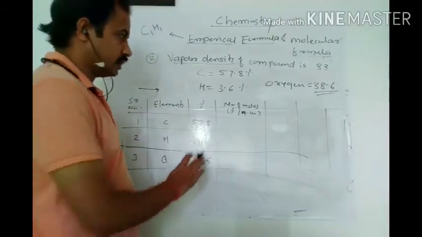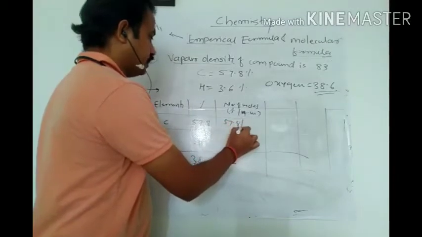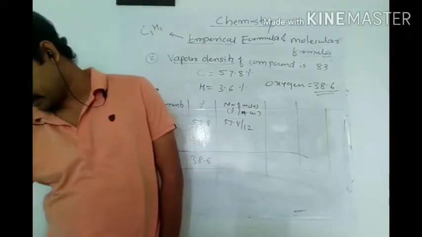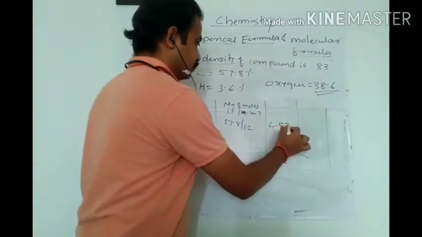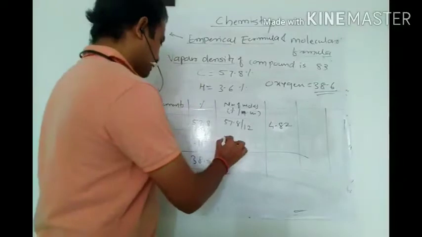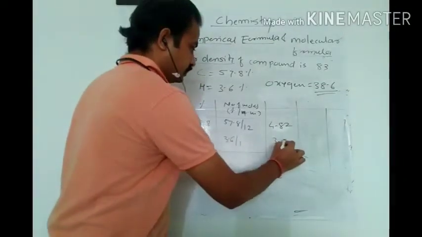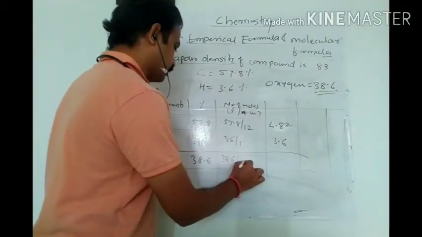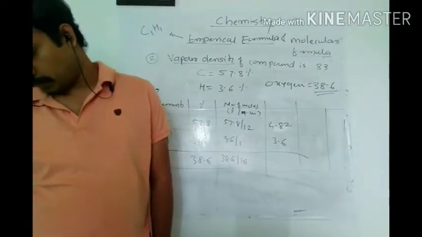Now calculate number of moles. Percentage is 57.8, atomic mass is 12, so 57.8 divided by 12 becomes 4.82. Next, 3.6 divided by 1 is 3.6. Then 38.6 divided by 16 is 2.41.